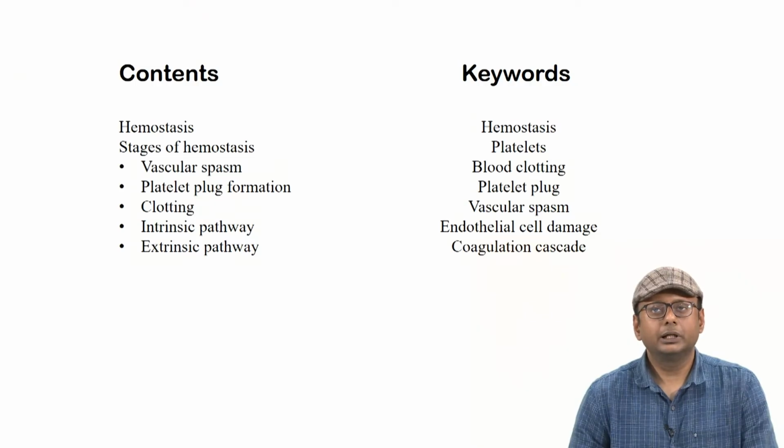Let's go into it. Overall we will see what hemostasis is, and we will discuss the different stages of hemostasis. So what are the different stages? Mostly we have 5 different stages.